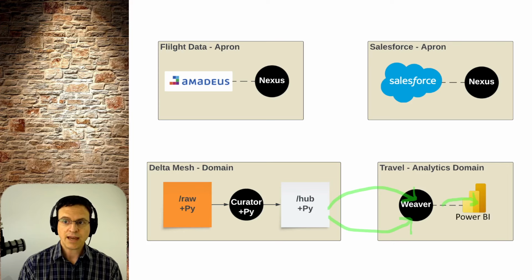So over now, looking at our travel analytics domain, this is, again, probably a separate team. And they're able to just look at the pure tables. They don't need to understand Salesforce. They don't need to understand Amadeus or anything else. They've just got nice, clean tables to look at. And something that we recommend is that they create a lakehouse locally.